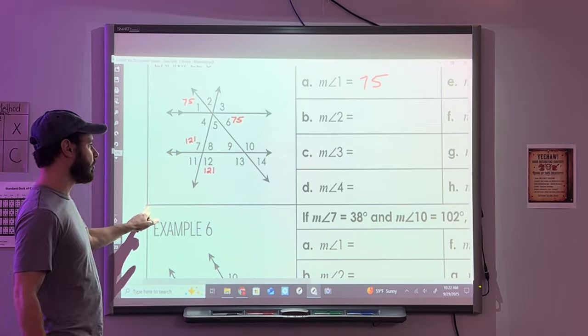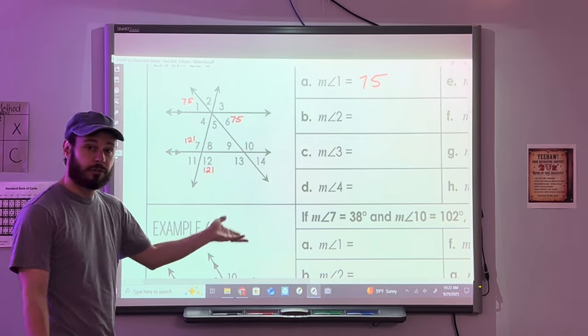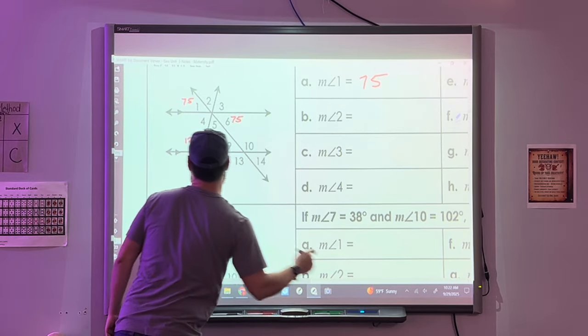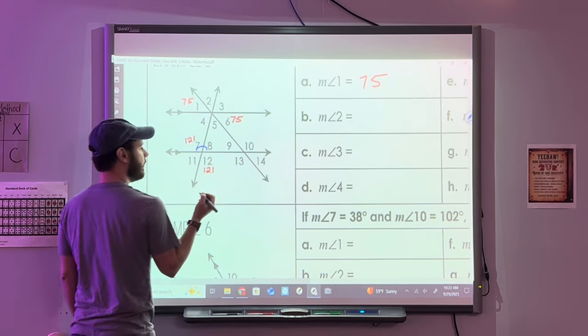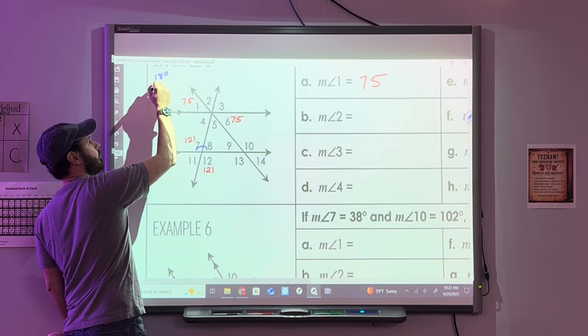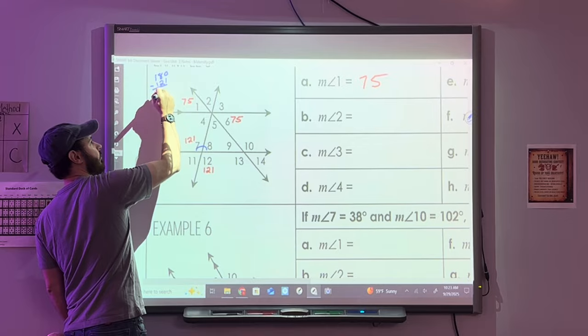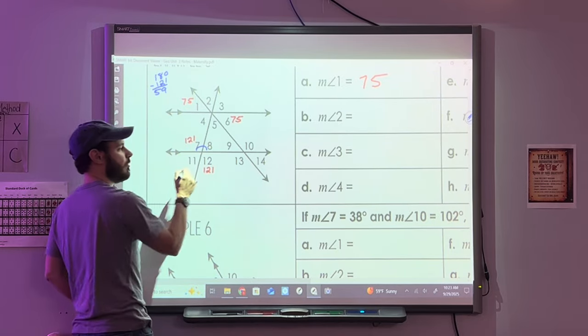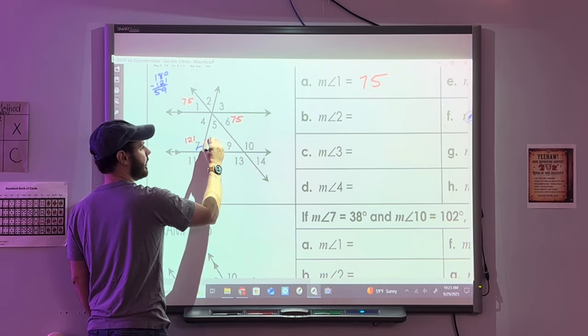I found those. After I check the verticals, I go for straight lines. 7 and 8 make a straight line, so 180. Take away 121, you get 59. So 8 is worth 59.